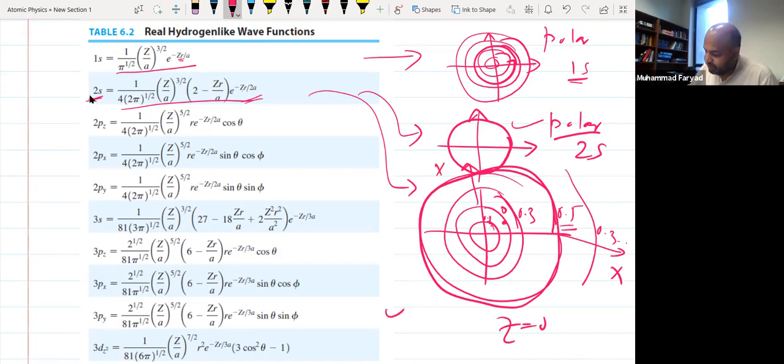Now in this function psi 2s, x is something, y is something, z is 0, and what I do is give different values of x and y and compute the value of the function. So these values that are present on the contour are the values of the function itself. In this case, these are proportional to probabilities because it's mod square. We know that gives probability density, right?